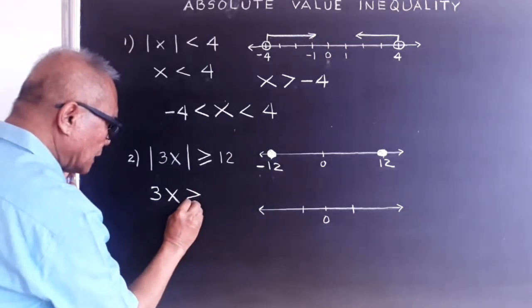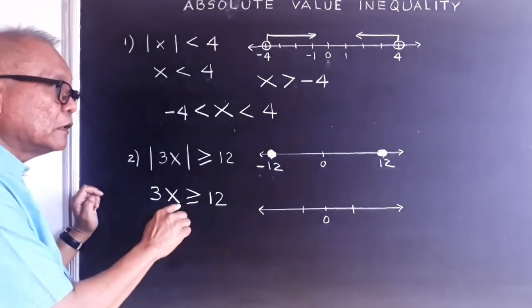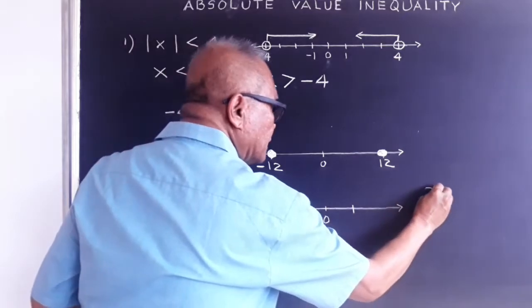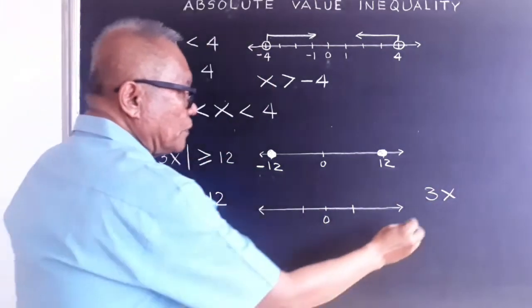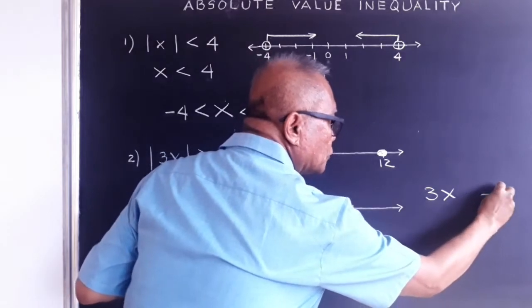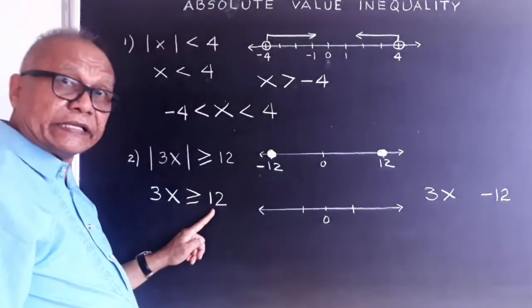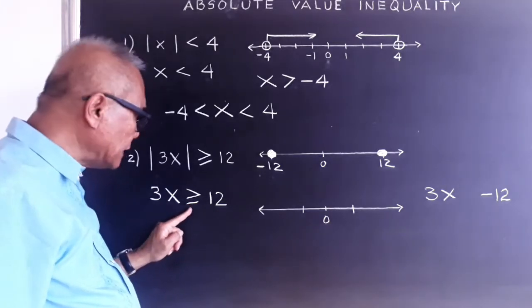So it is still positive, 3x here. Now, for the other one, I'm going to use the negative, so the 12 will become negative. What happens to the orientation of the inequality?